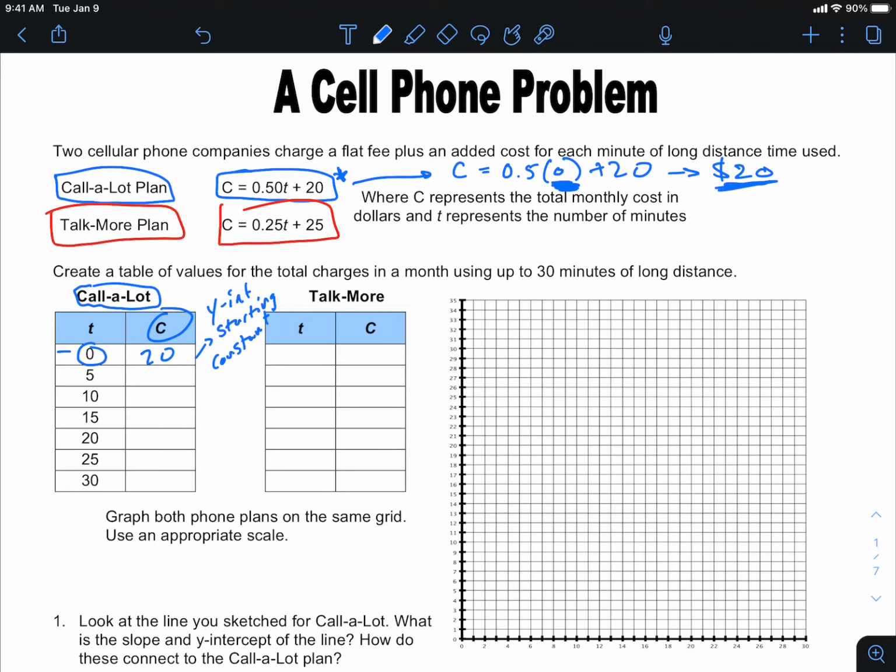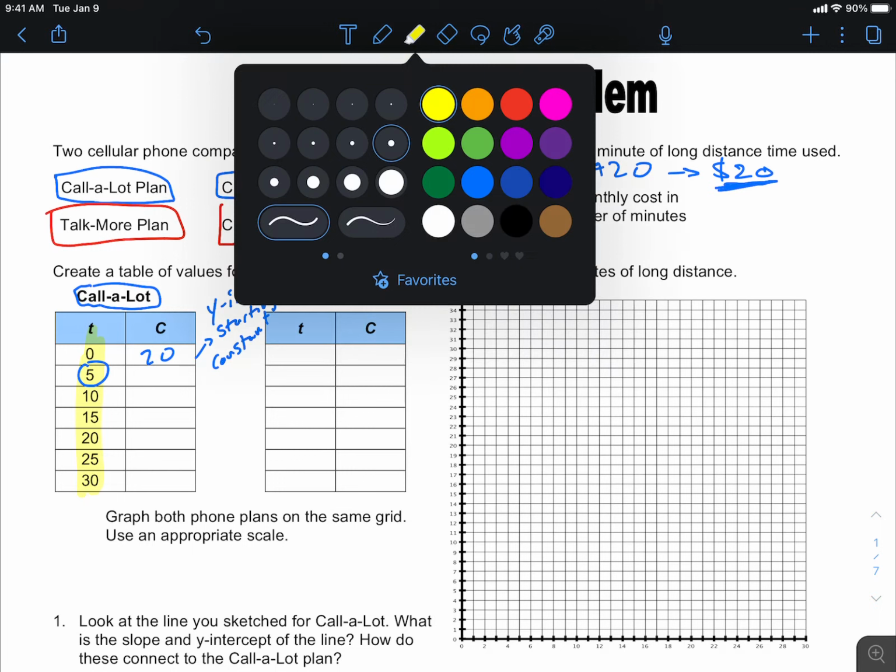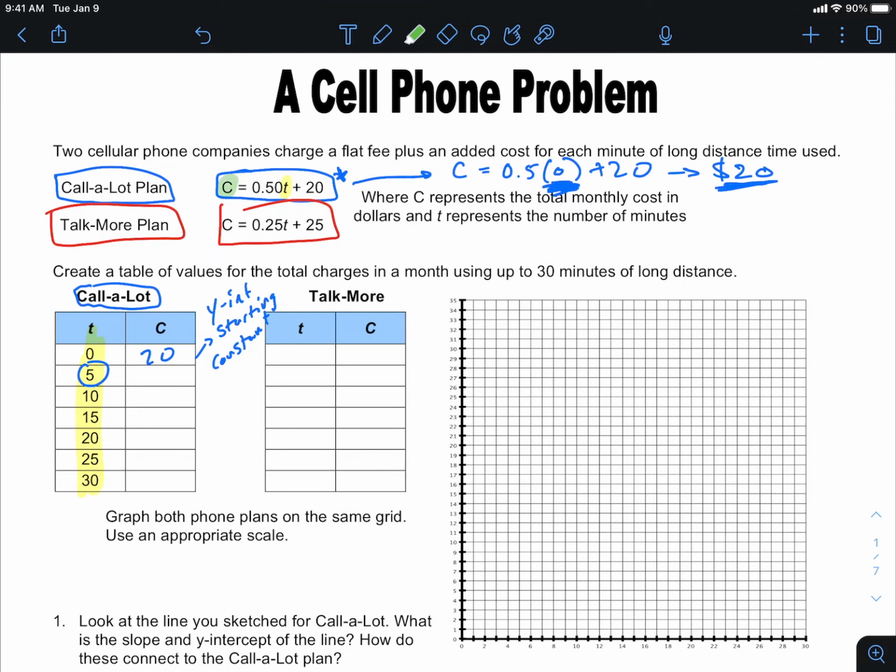So you could do that for all of these points, where you plug in each of these time values for t, where the 0 went. You plug in time values, it's going to spit out costs, or green values. Okay? And you create a table, and then you go and plot those points.